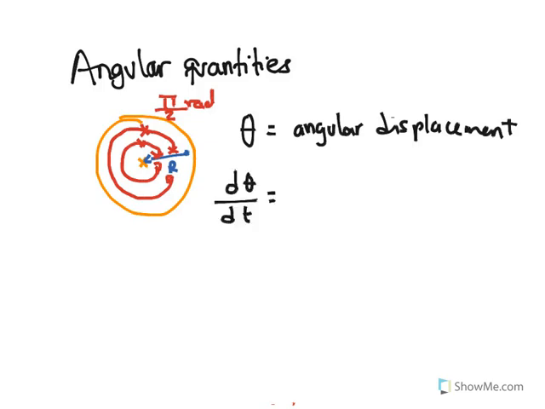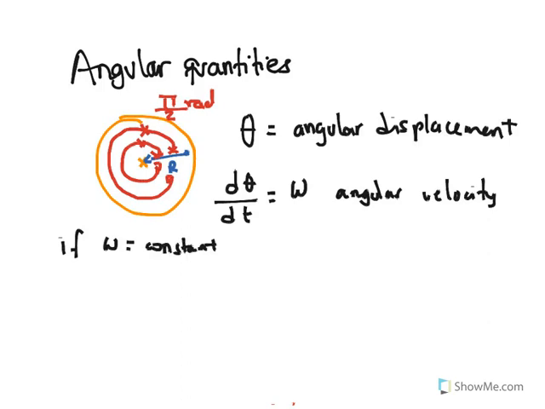Of course, the change of the angular displacement with time is denoted by the letter omega, and this is called the angular velocity. We are very certain that this will cover 2pi radians, or a complete revolution, in one period. So if omega is constant, then we can state that omega is equal to the angular displacement, which is 2pi radians, in one period.